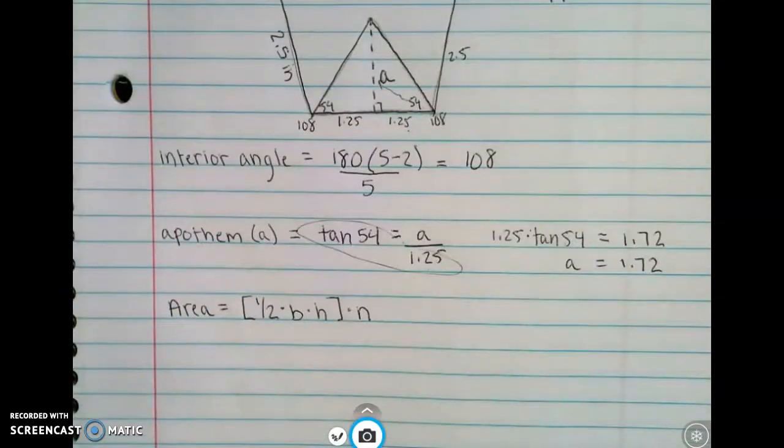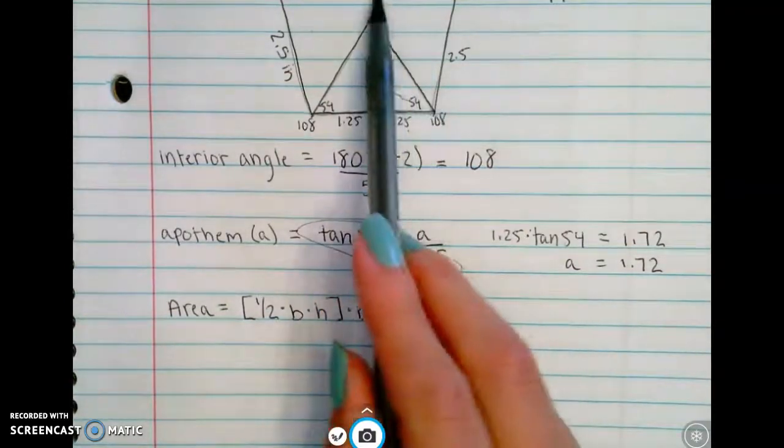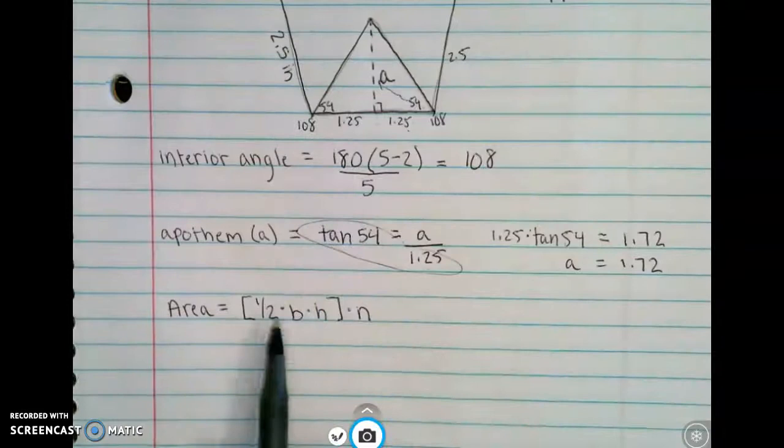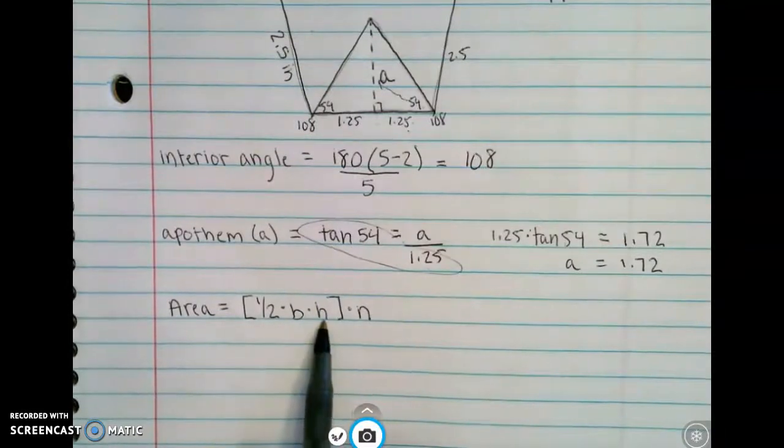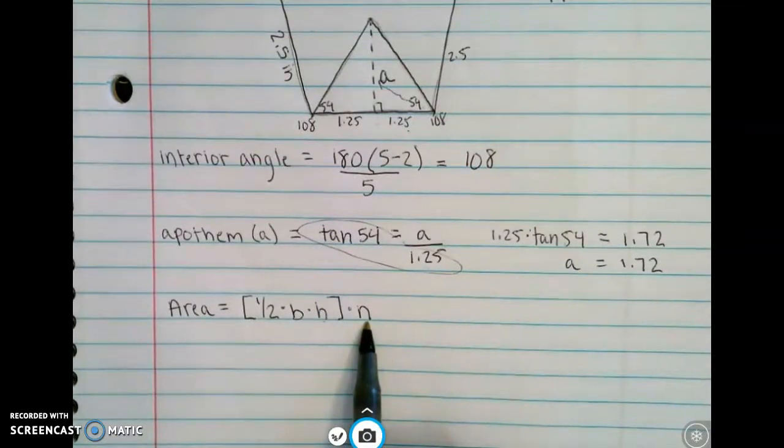Lastly, we're calculating the area of not only just this one triangle, but all 5 that are in the pentagon. So the area of the triangle is half base times height, times the number of triangles that we have, so times 5.